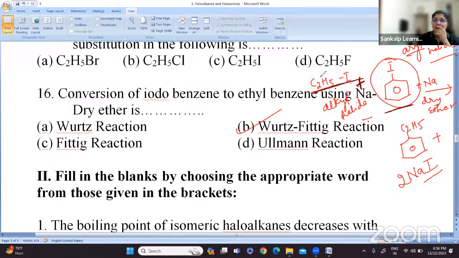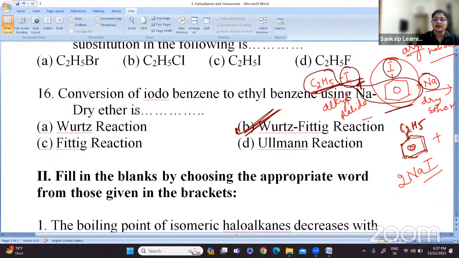This ethyl reacts with the benzene, and the Na combines with the two iodides, so it forms 2NaI plus the alkyl aryl compound, that is ethyl benzene. So this is your Wurtz-Fittig reaction.